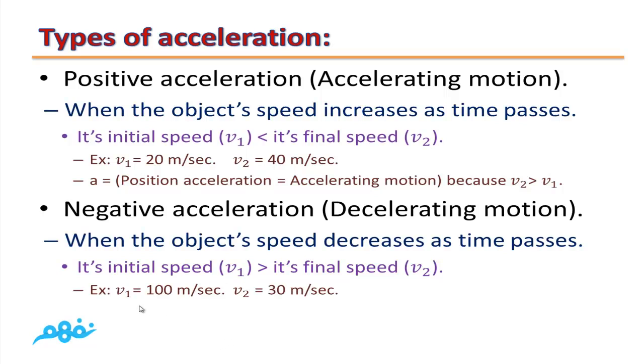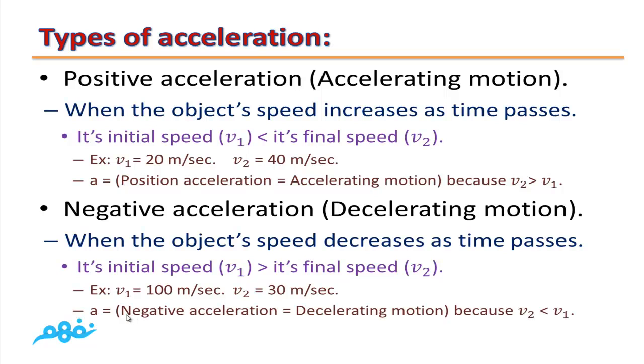For example, if we have a car, its initial speed is 100 meters per second and its final speed is 30 meters per second, then this acceleration is a negative acceleration or decelerating motion. This is because its final speed is less than its initial one.